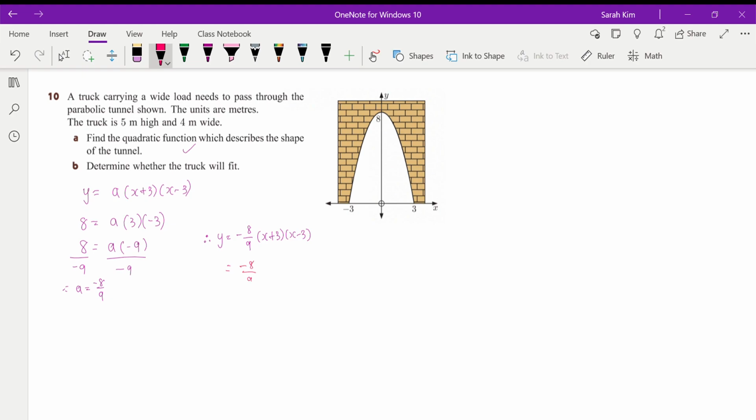I'm going to expand it. Okay, now my a is minus 8 over 9, b is 0, c is 8.